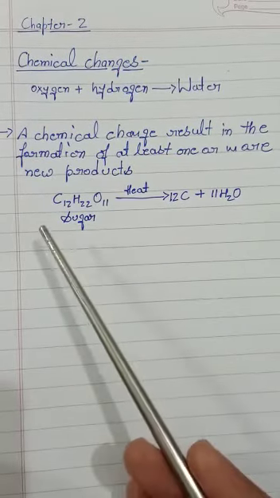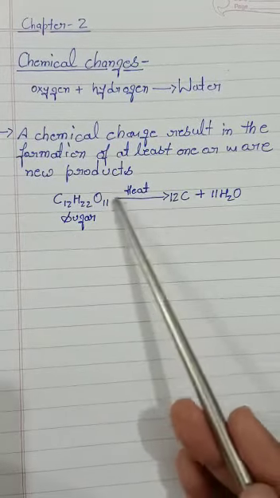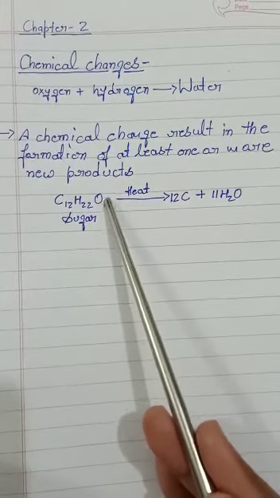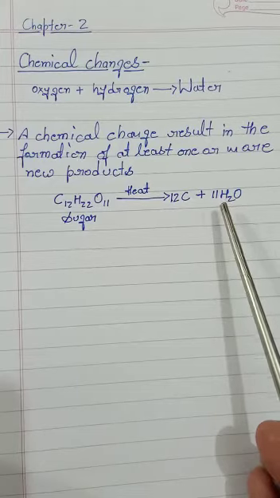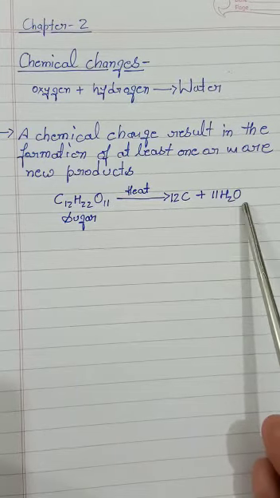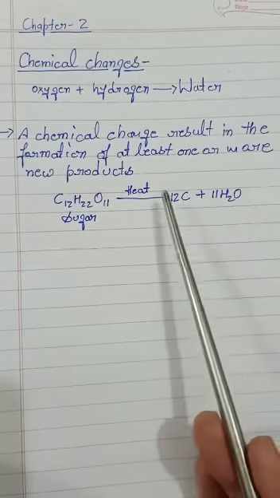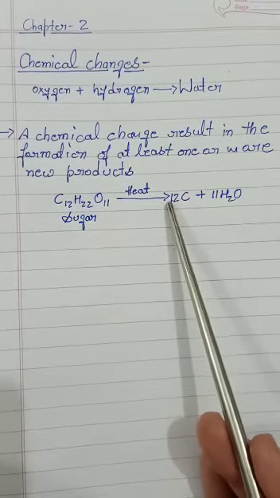So students, in this change, the arrangement between the molecules of carbon, hydrogen, and oxygen breaks. The hydrogen and oxygen atoms separate from carbon and form water, and the carbon atoms are set free and are left as a black residue.